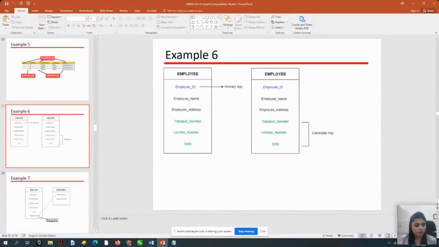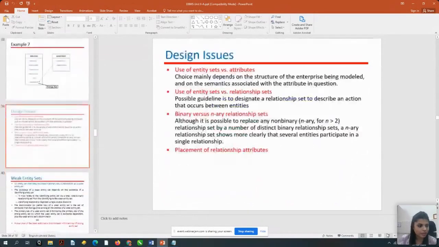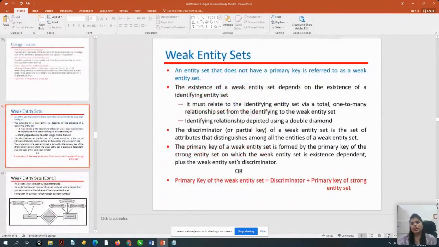Now I'll come on to the weak entity sets. So what are weak entity sets? Until now, in everything we have studied, every entity set has a primary key. What if an entity set does not have a primary key?